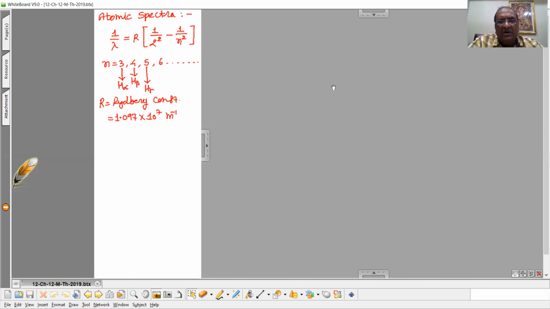Now this line spectra is called emission spectra. Suppose for the same gas, if it is kept at a lower temperature and white light is passed through it, then in the spectrum of white light you will get black lines exactly at the same positions as in the emission spectra. This type of spectra obtained is called absorption spectra.